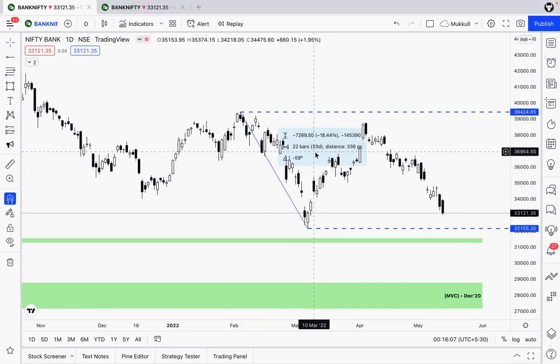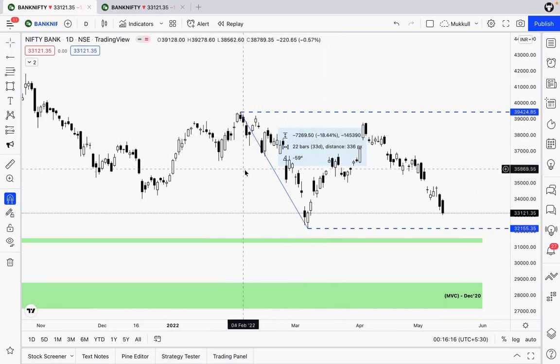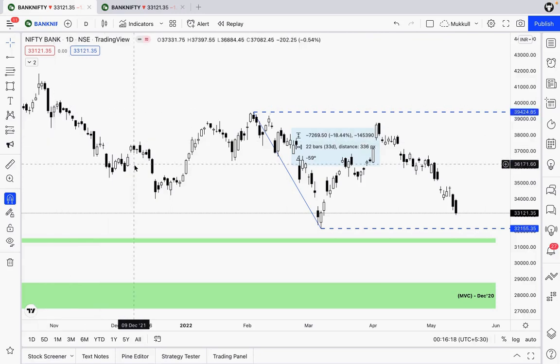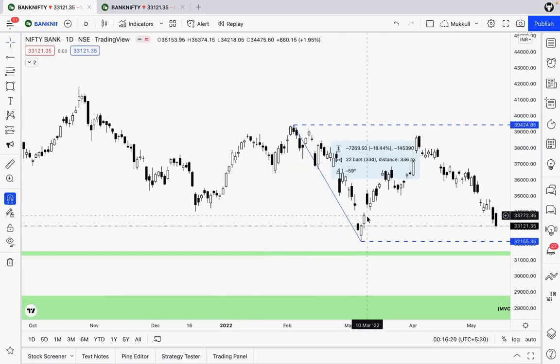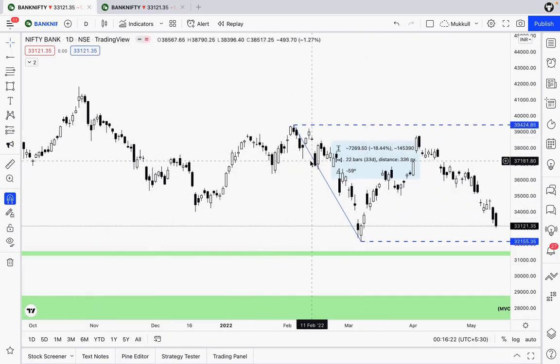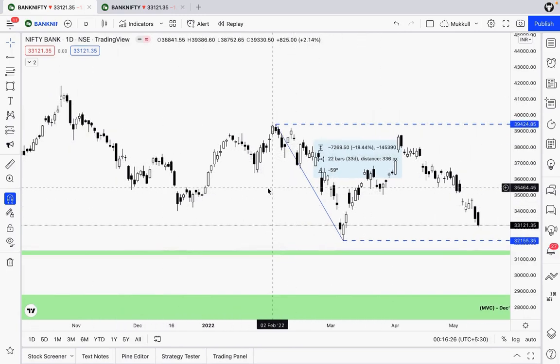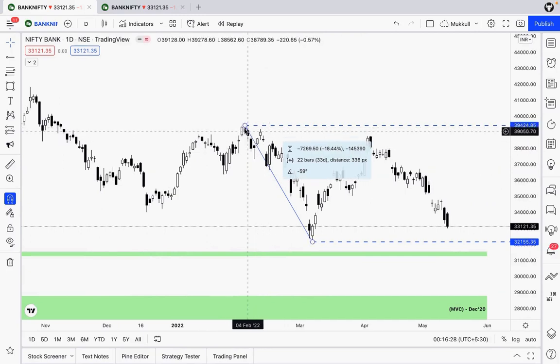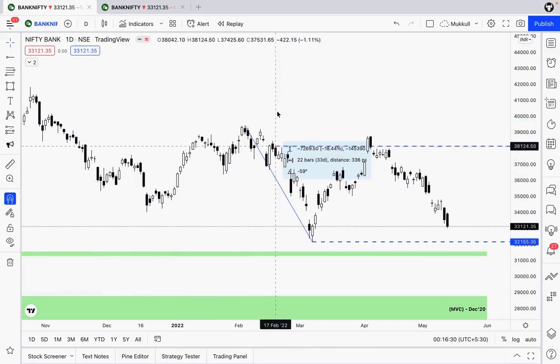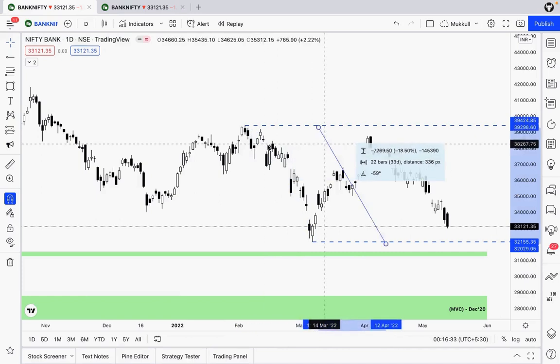What is the correction period here? 33 days, which is almost around 1.5 months. But you see the pace of correction, almost half of this particular time period, but almost the same intensity of correction which we saw in this particular one. Now again, what happens?